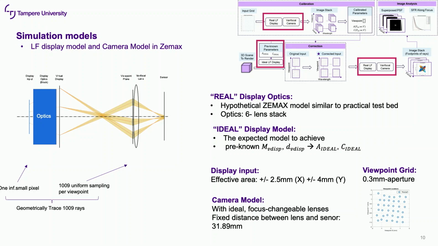This means we trace 1009 rays emanating from one input pixel. We then record the footprint of these rays on the sensor as the focus changes. This process is repeated for 3 different wavelengths and across 6 by 6, 36 viewpoints.